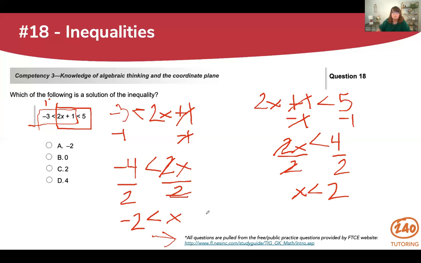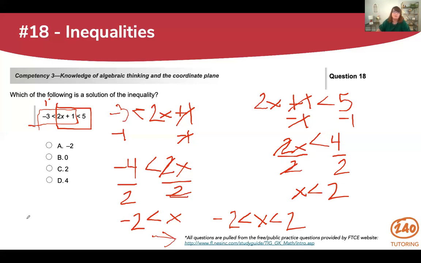So now I'm left with an expression that looks like this: -2 is less than x, which is less than 2. I just combined the two things I had. I knew where x went: it was in the middle.